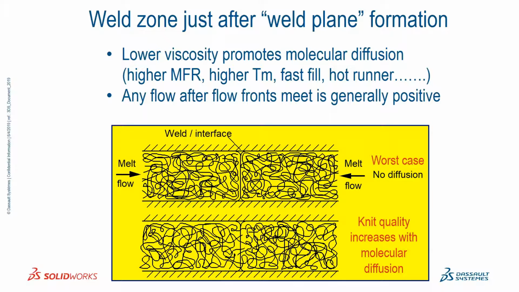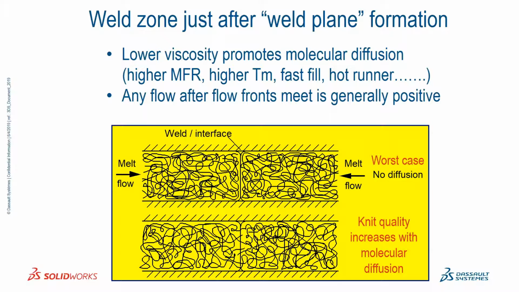Because without that bridging of the gap with the chains, then the strength, the chemical resistance, and so on will be greatly diminished. So any variable in terms of thinking about knit lines or weld lines, any variable that's going to promote low viscosity is probably going to be beneficial.